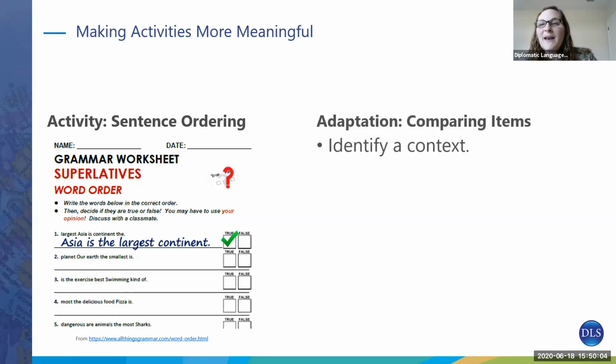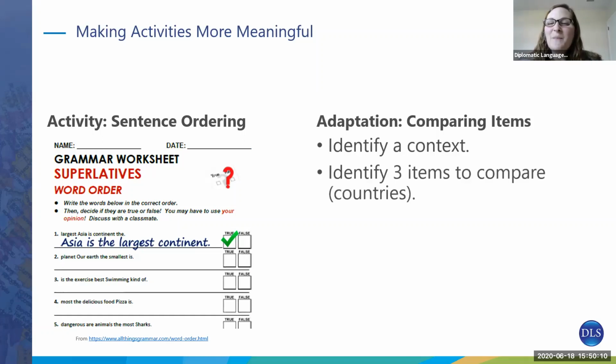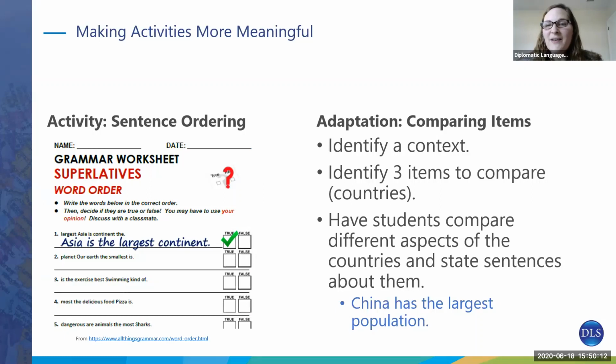Maybe an adaptation would be comparing real things rather than just dealing with what they give you. So you could identify a context. Say, for example, you're comparing countries and you choose 3 items. You could have the students compare different aspects of those real things, so they're communicating real information about real items.